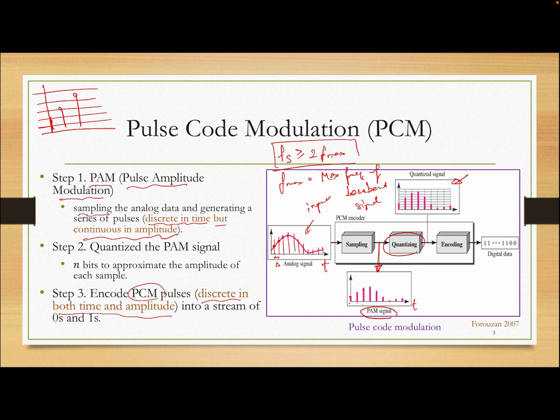Now I will quantize it by making it into the closest values. So let's say this is closer to this one, to the level that is closest. Suppose it's this. So this is the original value. This is the quantized value.